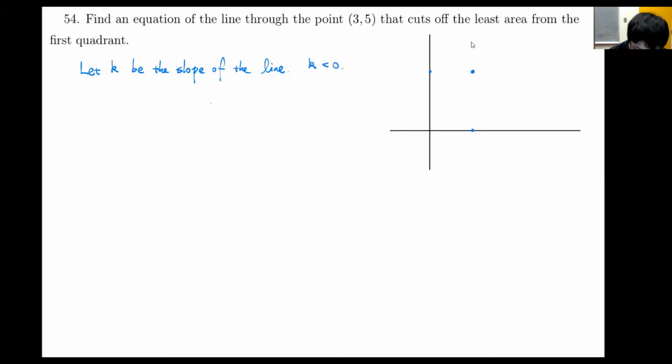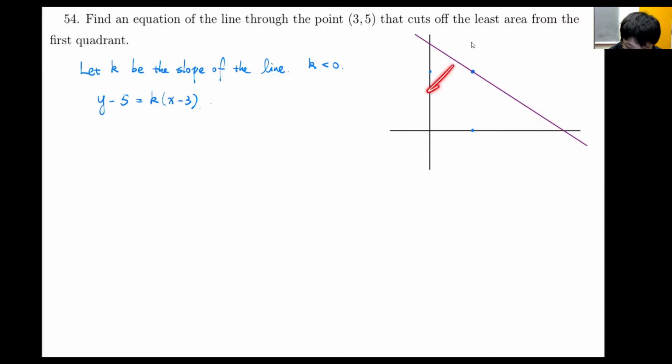Then the line equation would be y minus 5 equals k times x minus 3. All right, so this will be the equation for the line. Let's actually draw such a line on the plane, passing through the point (3, 5).